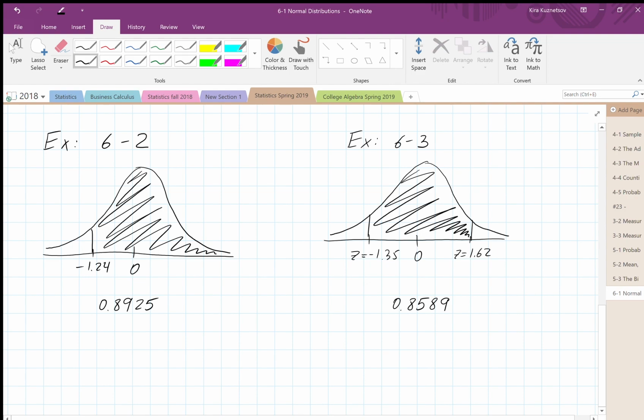So all of the answers in the book are going to be correct to 4 significant digits because that's how the table is correct too. On the next video, I will show you how to put example 6-1, 6-2, and 6-3 into your calculator.